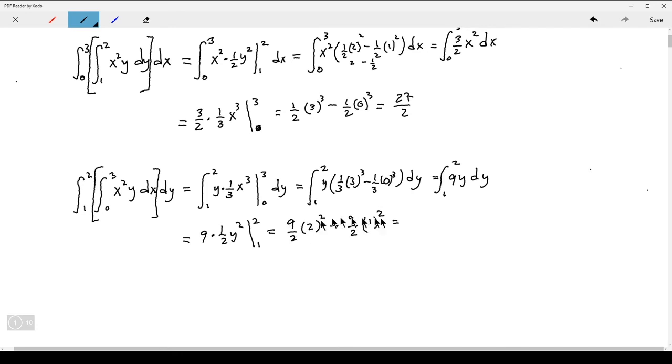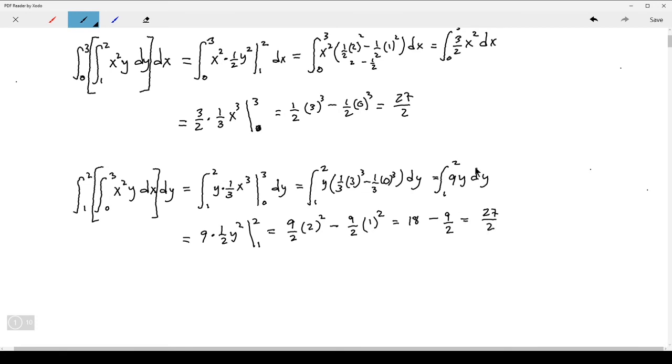So that's 18 minus 9/2. All right, and if we go 2 over 2, that is 36 minus 9 is 27. So we get 27 over 2. All right, so they were the same.